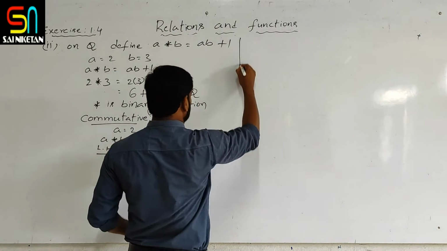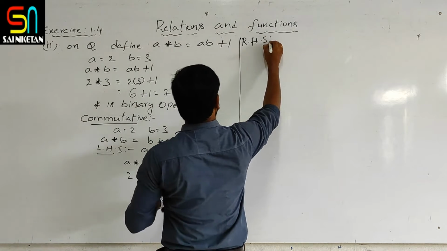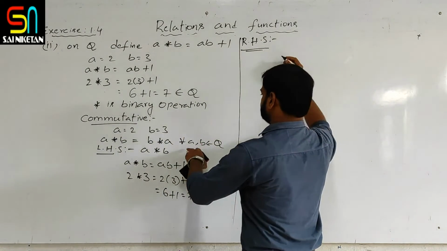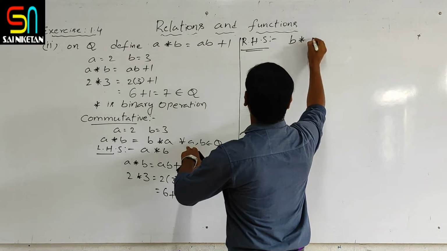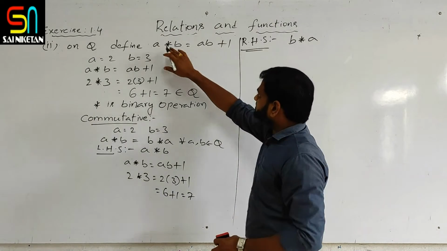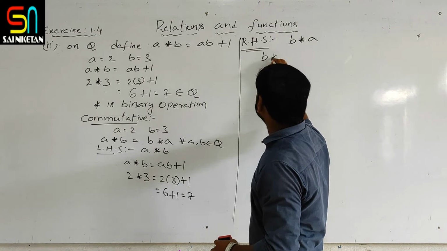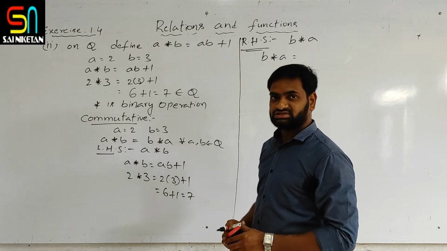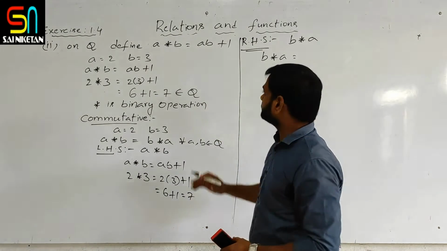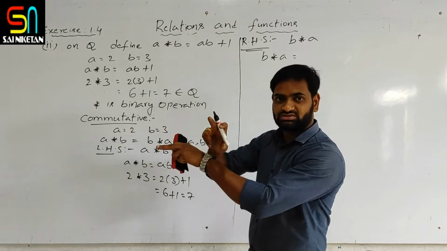Now what about the RHS answer? Now what is RHS? B star A. So see here, A star B means AB plus 1. Now here it is B star A. Just in place of A is B, in place of B is A. Check once here. A star B, B star A, both are reverse.